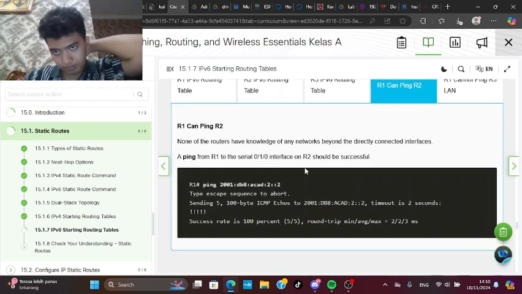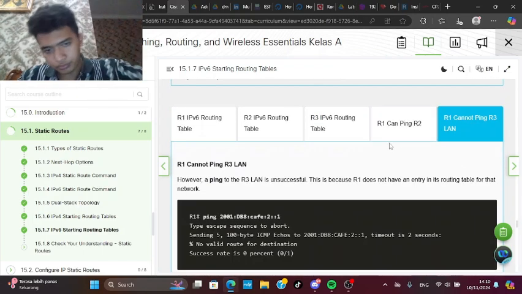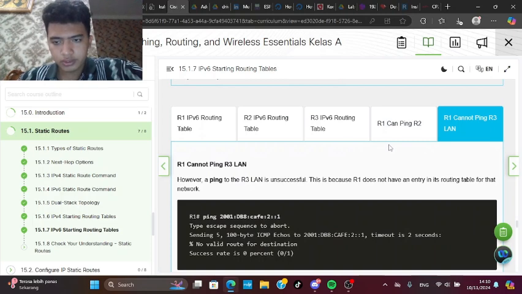The difference is that IP version 6 is using this address. The router 1 can ping router 2, and router 1 cannot ping router 3 because router 1 does not have N3 in its routing table for that network.